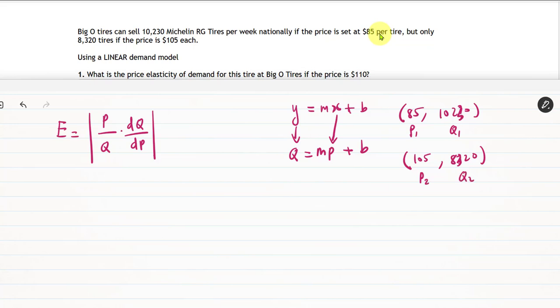So now I can find my slope very easily. The slope m is Q2 minus Q1 over P2 minus P1, remember, Q is now acting as y and P is acting as x.